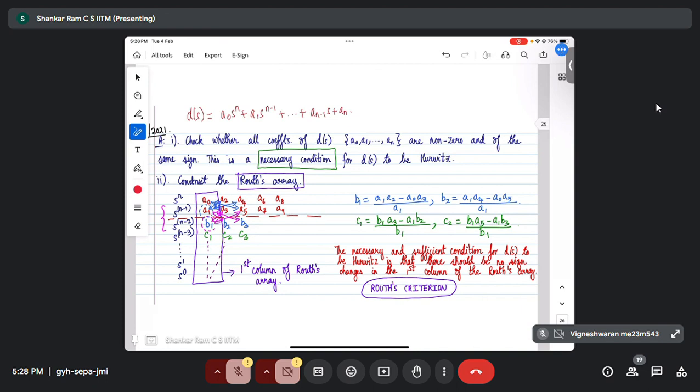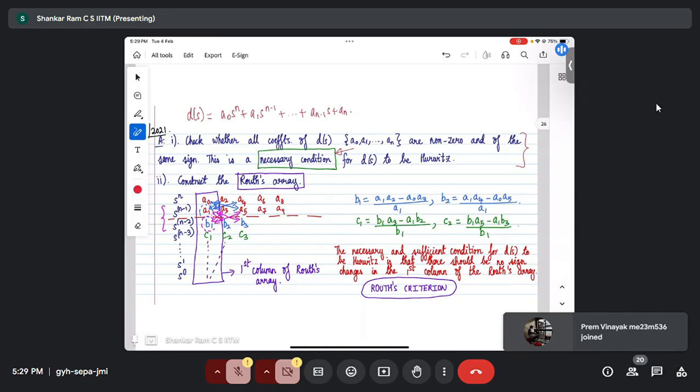So the first condition that we need to check is that all the coefficients of this polynomial should be non-zero and of the same sign. There are coefficients a0, a1, a2, all the way to an, and all of them should be non-zero and of the same sign. This is a necessary condition for the polynomial to be Hurwitz.